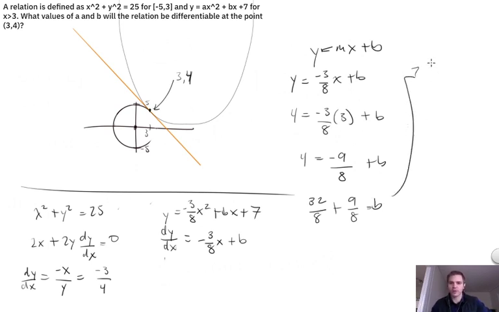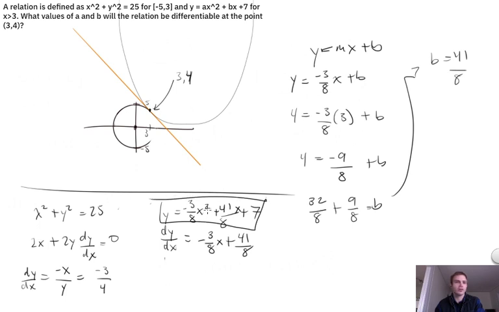Which is 41/8. So b equals 41/8. All right, so this, do some more eraser magic here. This is going to go there and there. So this becomes plus 41/8 x plus 41/8. So this is our answer.